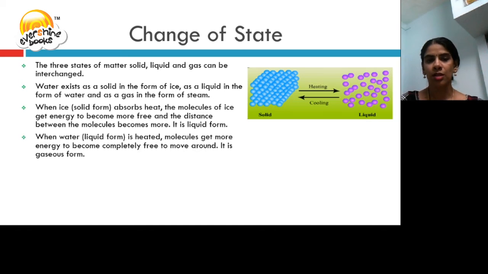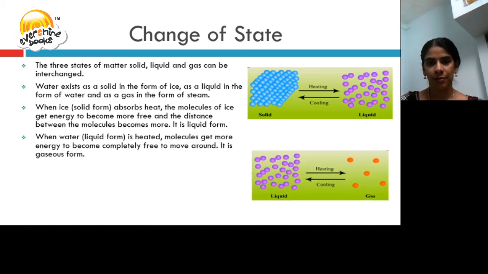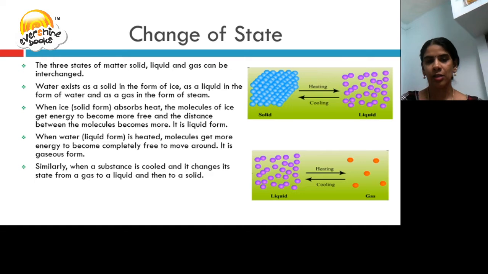When water, the liquid form, is heated, the molecules get more energy to move around completely freely and form a gas. Similarly, when a substance is cooled, it changes its state from a gas to a liquid and then to a solid. Molecules of every material behave in the same manner when they change their state.